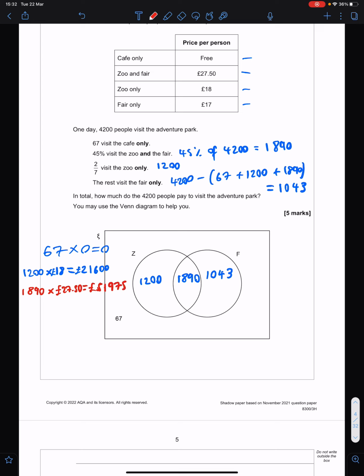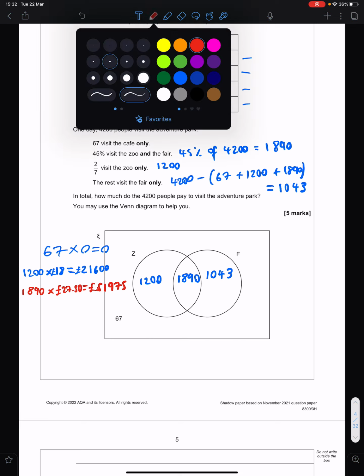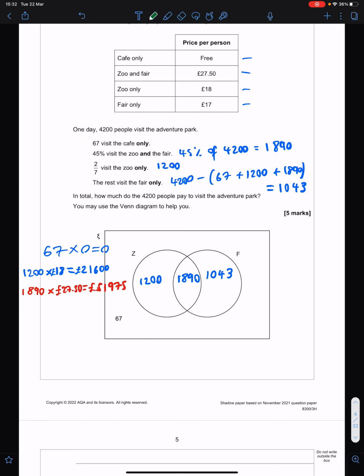That is all good. Then we've got the people who visited the fair only, which is 1,043, times their price, which is £17. So 1,043 times £17 is going to be 17,731.